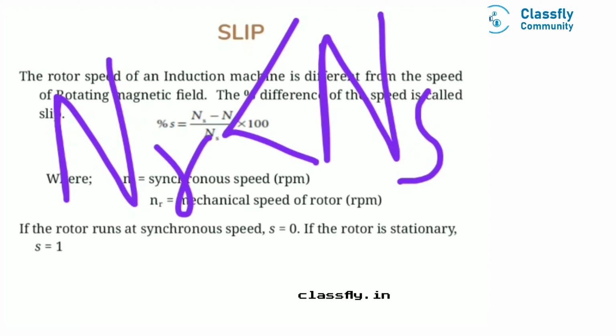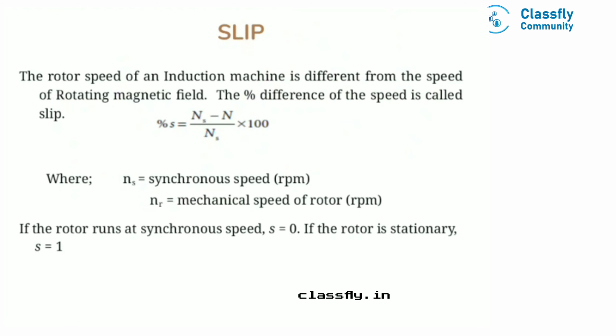That means we don't want the rotor to run at synchronous speed. If it moves at synchronous speed, it will make our slip equal to 0, which we do not want. So always remember this point.